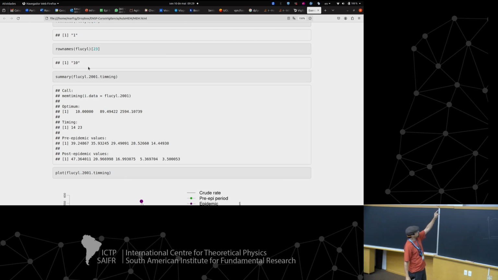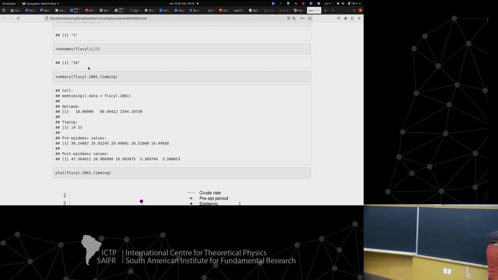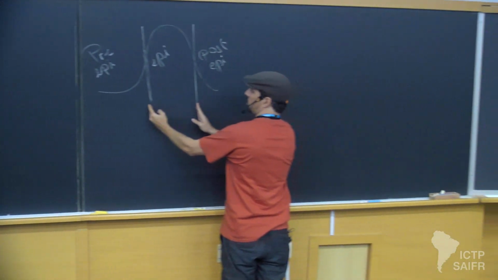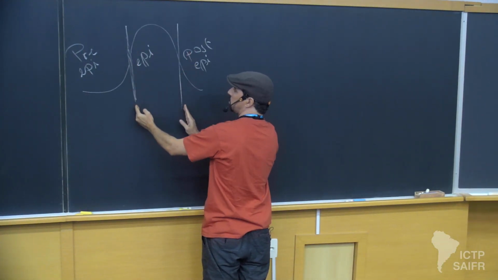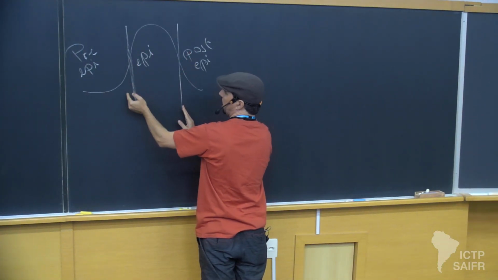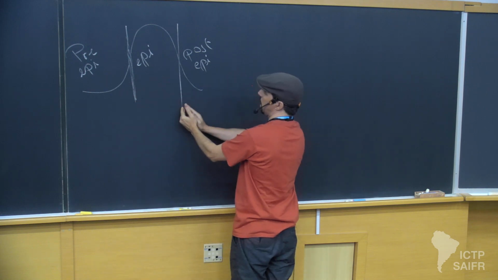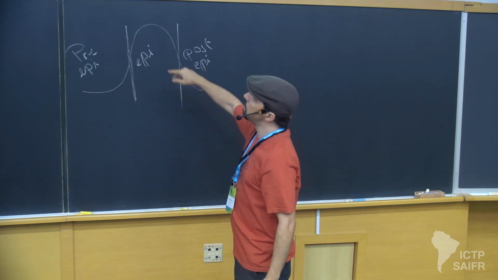The duration, the accumulated incidence. Now the timing is those two barriers: the separation between the beginning of the epidemic phase and the end of the epidemic phase.